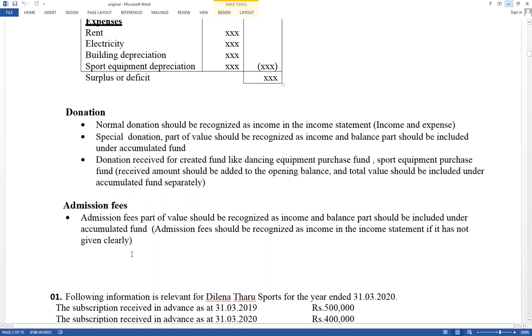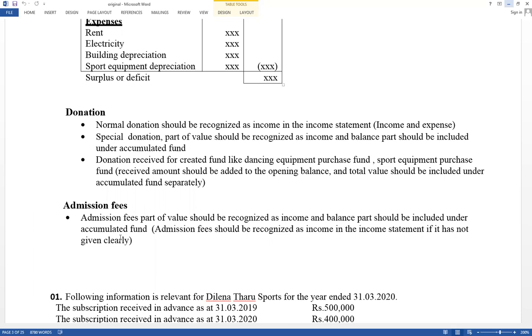Therefore, you have to know how to record. Our duty, we are going to provide information. How to provide information? By preparing financial statements. Therefore, in a not for profit making organization, as financial statements, you have to prepare the income statement and statement of financial position. And you have to know how to calculate accumulated fund.